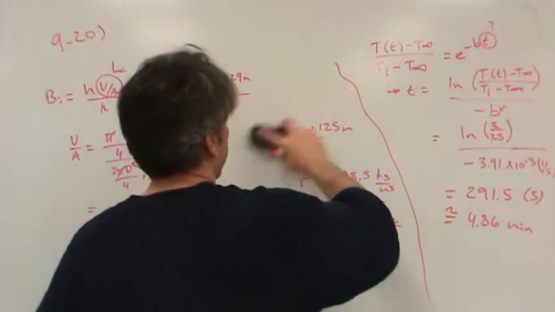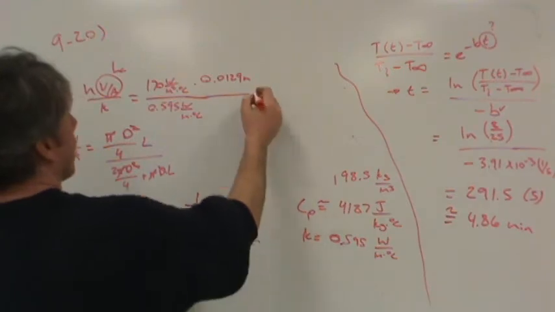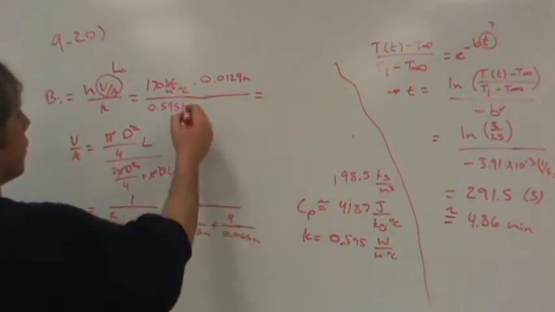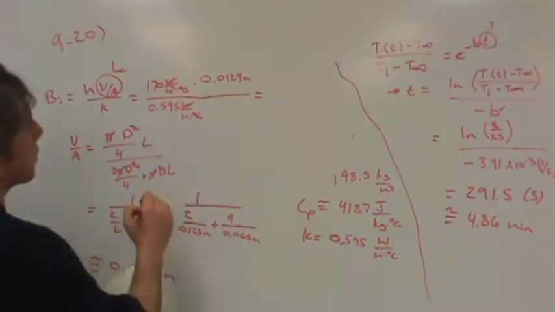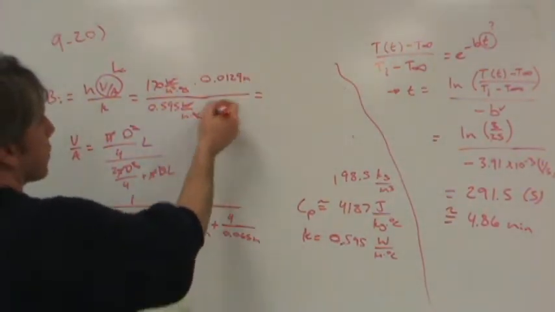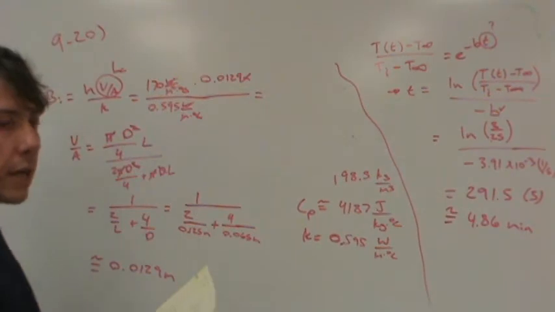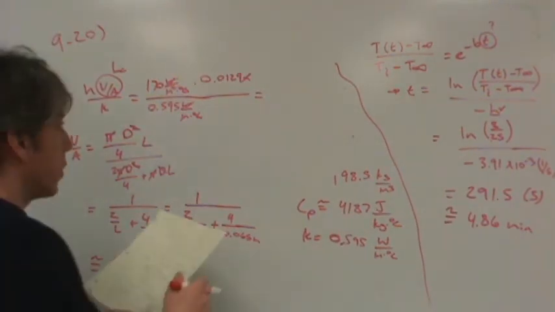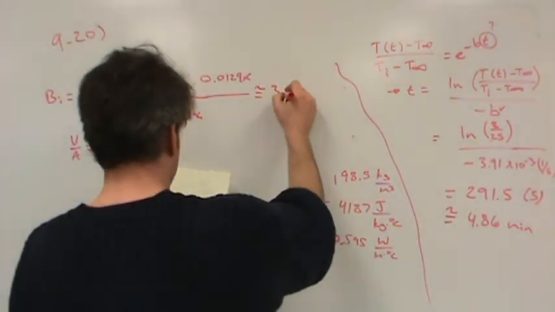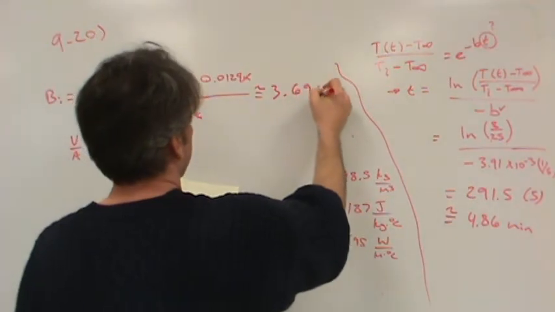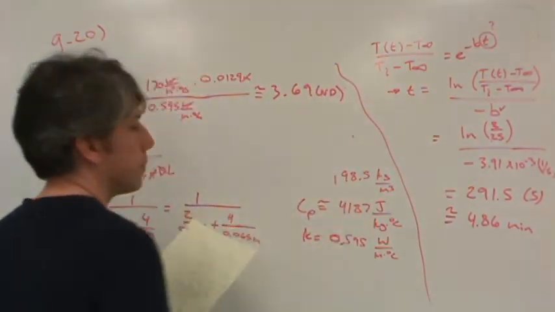And that should give us a Biot number. Now let's see, the watts go away, the degrees Celsius go away, and we would have meters squared over meters squared. So this in fact is a dimensionless Biot number. When you plug it all in, you get about 3.69, and it is non-dimensional.